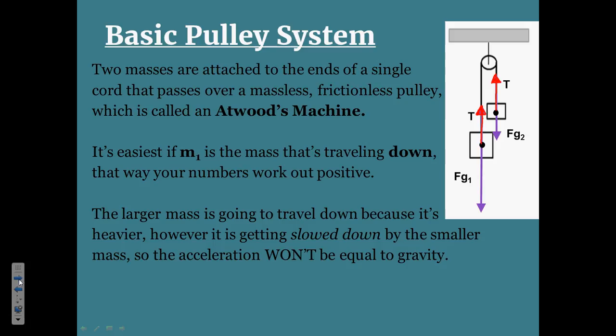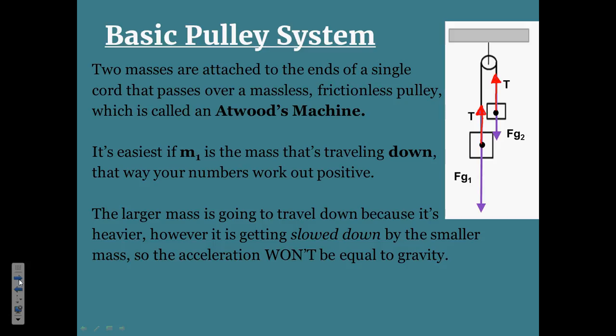Make sure that you put in your notes this free body diagram over here to the right. I have the tension shown in the red arrows, and the Fg1 and Fg2 are in purple arrows. So those are free body diagrams right there. Off of this particular slide, you're going to need to make sure that in your notes you have the bottom sentence, the last sentence.